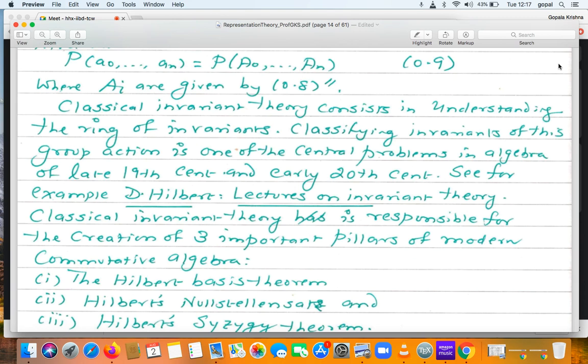The Hilbert basis theorem says that if you have a ring of polynomials, take a field K, and take the field of complex numbers if you like, so C[x1, x2, ..., xn], take an ideal in this ring. Every ideal is finitely generated. More is true.